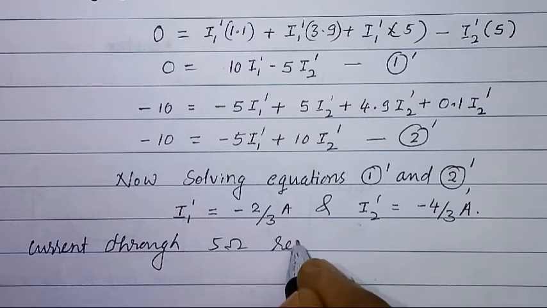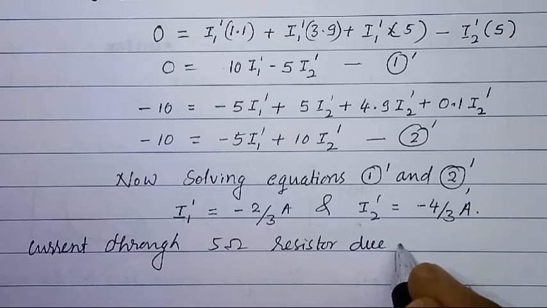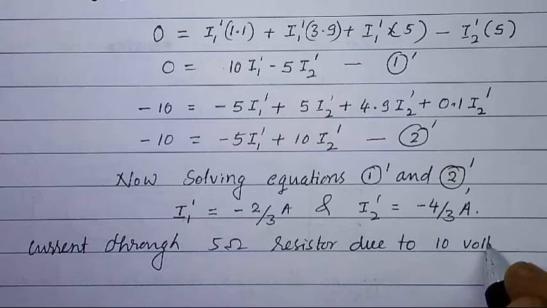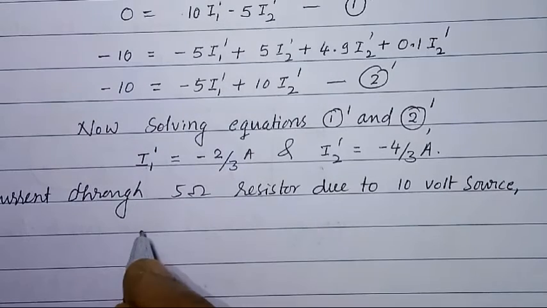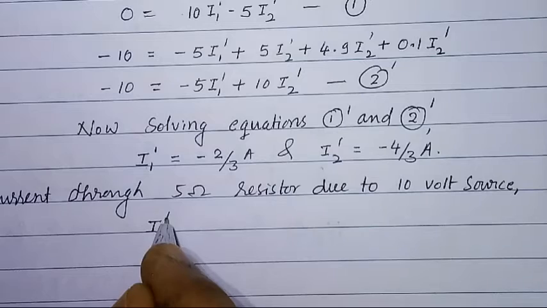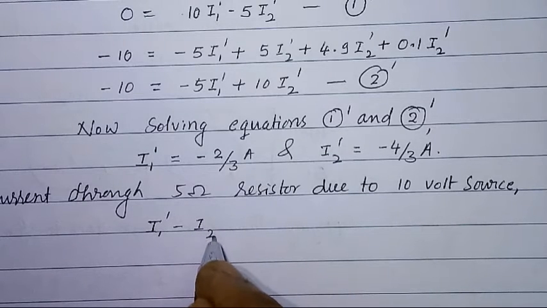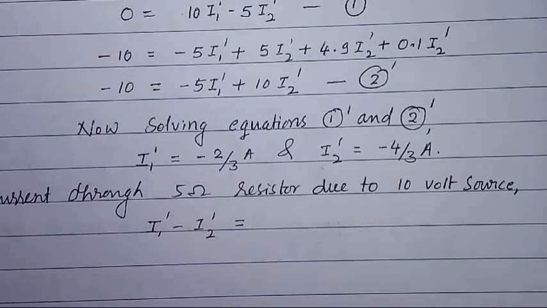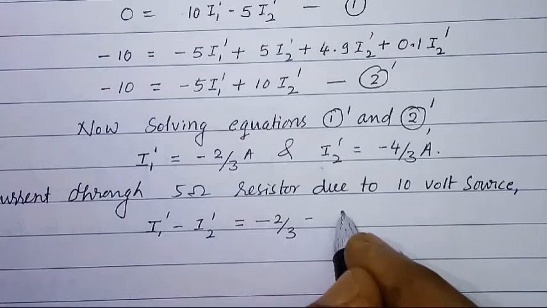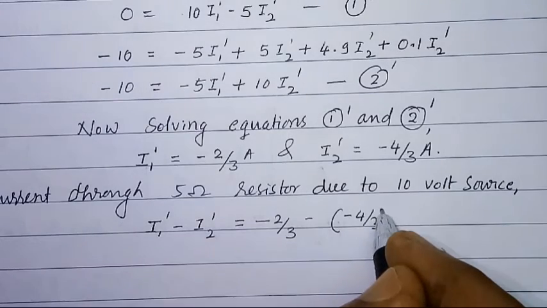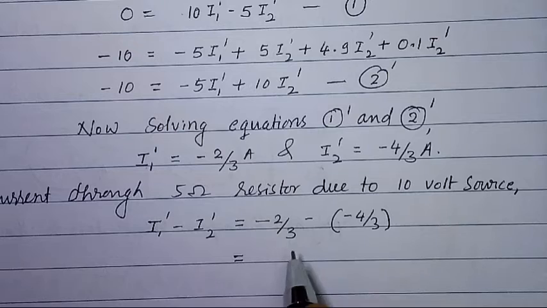Current through 5 ohm resistor due to 10 volt source is I1 dash minus I2 dash is equal to minus 2 by 3 minus of minus 4 by 3, that is equal to plus 2 by 3 amperes.